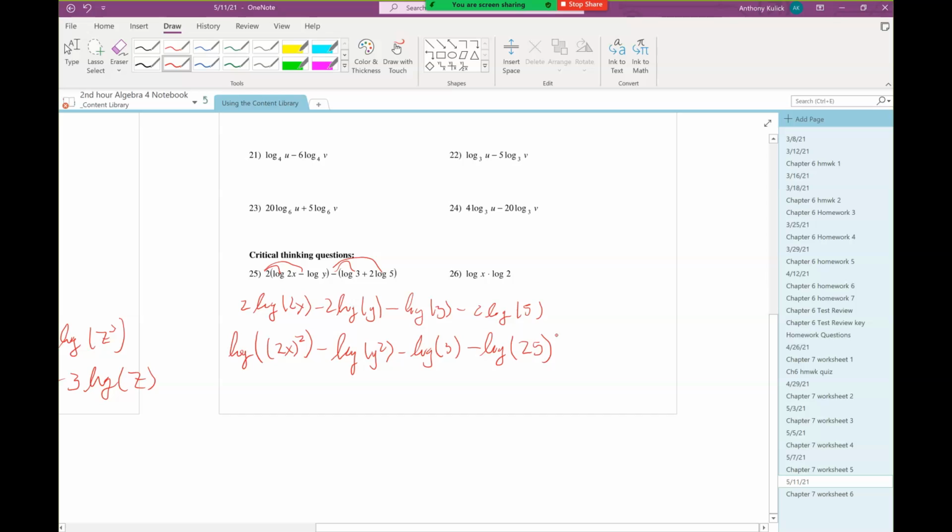Next thing I would want to do is look for product properties. There's actually 2 product properties hiding here. Remember, with the quotient property, there's really only ever one quotient property. So I see all these subtraction symbols, but I can just think about factoring a negative out of there, like that. So there's really 2 product properties going on here with the 2 plus signs.